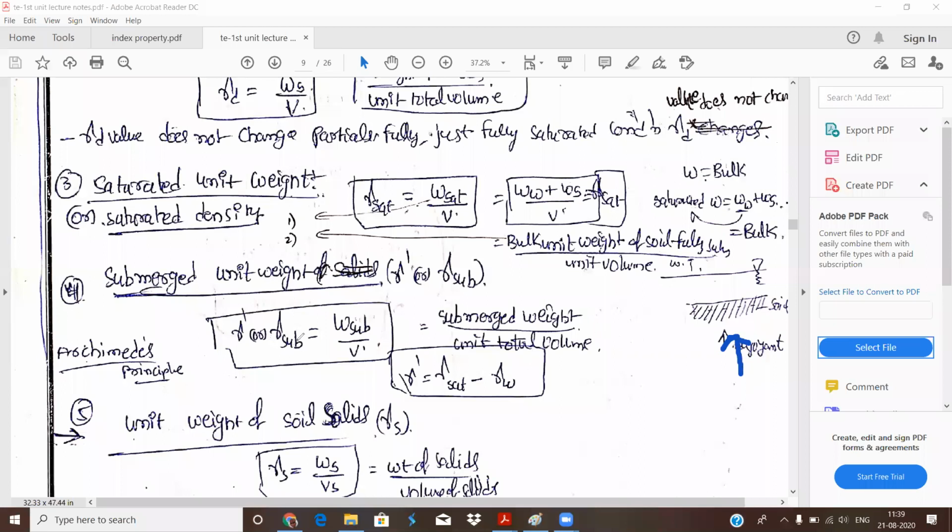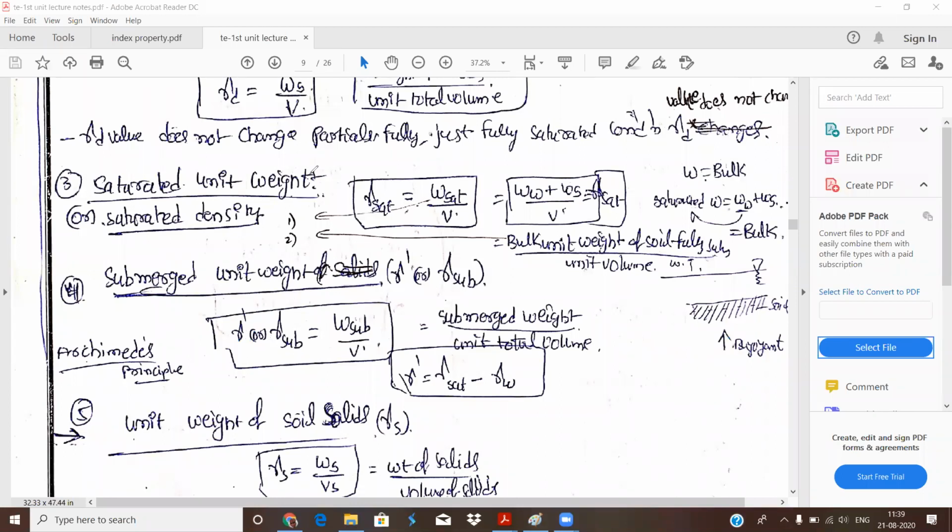The symbol for submerged unit weight is gamma sub or gamma dash. Mostly we relate to gamma. In this subject, I am taking only gamma dash. Submerged unit weight means it is related to gamma dash or gamma sub. It is the ratio of submerged weight by total volume of the soil. It is very easy to remember because it is in the definitions itself.